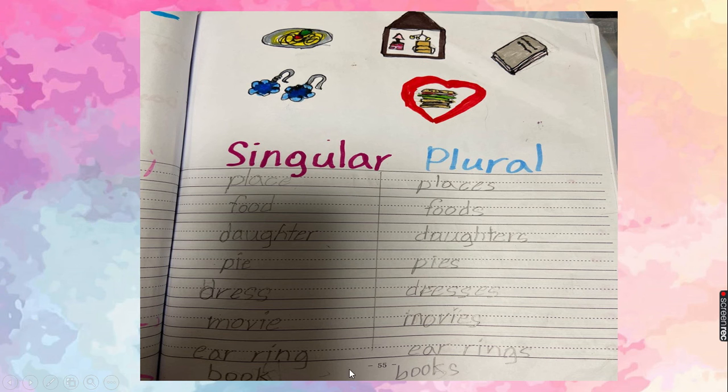Do they begin with a capital letter? No, they don't. But they are all nouns. Some of them are non-count nouns, like the word food, and most of them are count nouns, like the words place, daughter, dress, books, movie, because they have a plural form.